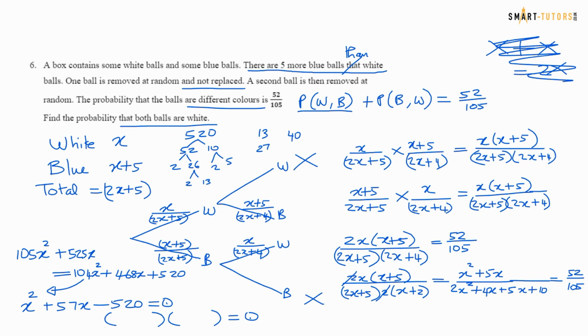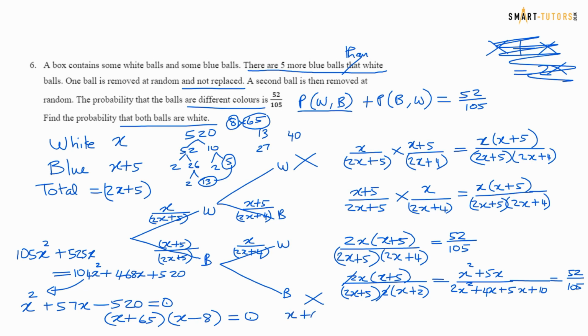So if I leave the 13, 8: 2 times 2 is 4, 4 times 2 is 8, times 13 times 5 is 65. Oh wow, I got the factors, 8 and 65. Right, so the answer is x plus 65 and x minus 8.